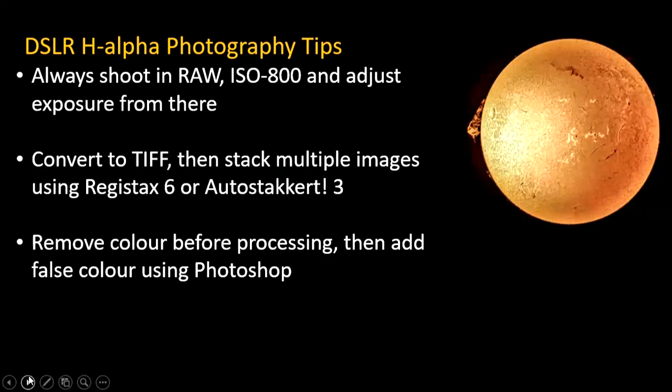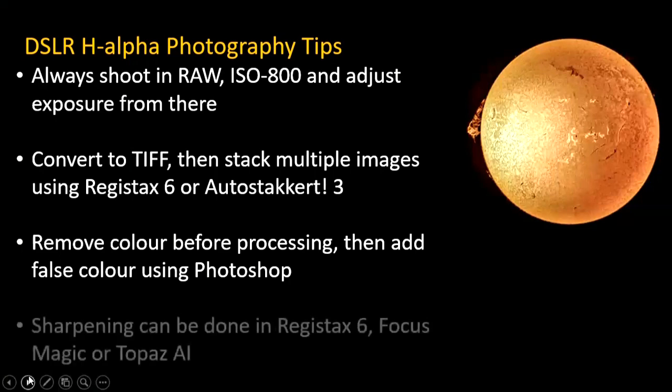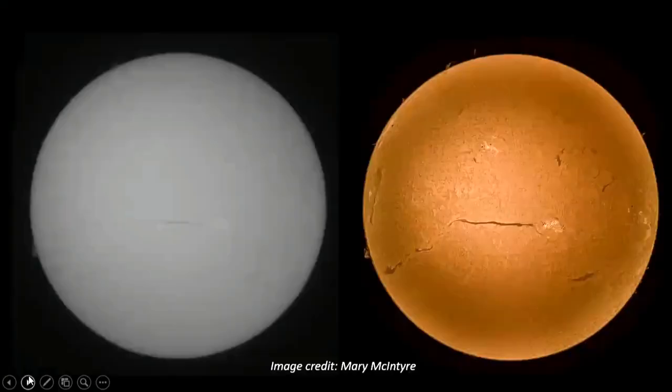And then I do all of my processing and stacking, and then I add the false color back in using Photoshop, and I find that I get a better result that way. You can sharpen the images using Registax 6, using the wavelets. Focus Magic and Topaz AI are good for sharpening, and so is FastStone Image Viewer, and that will give you a little bit more crispness on those details.